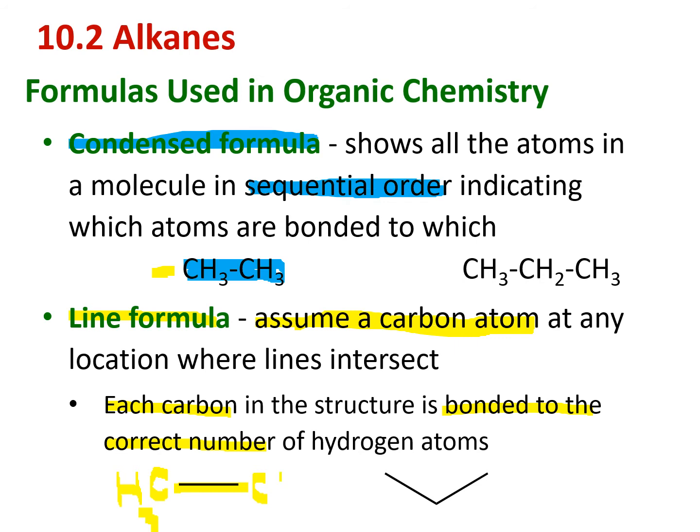Similarly on this side, one carbon is attached with 3 hydrogens to complete its 4 bonds. So it will be the same as the one at the top in the condensed formula, CH3CH3. Whereas the second formula, CH3CH2CH3, can be represented by this line formula again, which is assuming that 3 carbons are present in this molecule, and each carbon is bonded with the correct number of hydrogens.